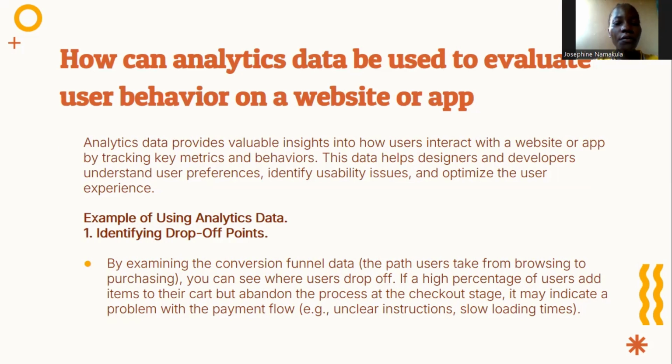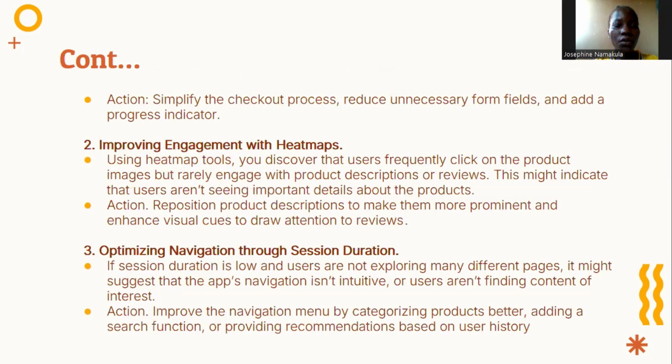By examining the conversion funnel data, or the paths users take from browsing to purchasing, you can see where users drop off. If a high percentage of users add items to their cart but abandon the process at the checkout stage, it may indicate a problem with the payment flow. The action which can be taken is to simplify the checkout process, reduce unnecessary form fields, and add a progress indicator.